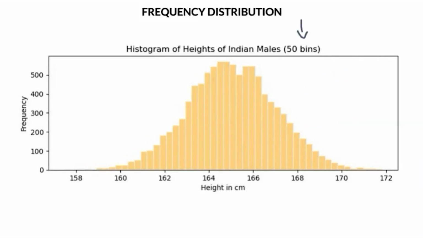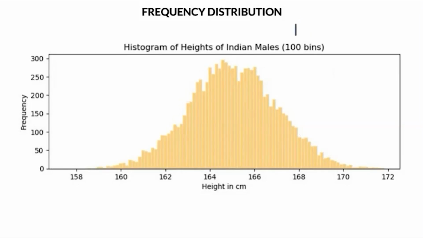If you take 50 bins, you take the same 10,000 data points and break them into 50 brackets, very, very clear pattern you can see. Bell curve. You can increase the bins even more. You have 10,000 data points, so why not use 100 bins? Again, you can see a very clear pattern forming.